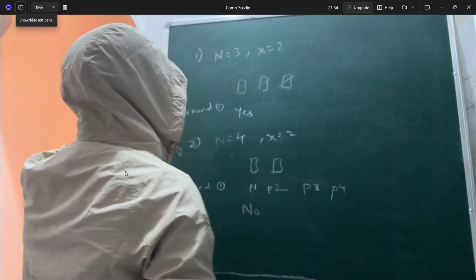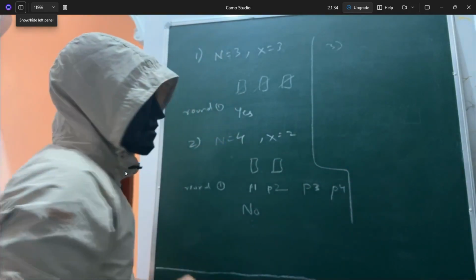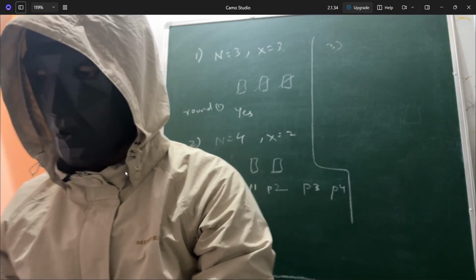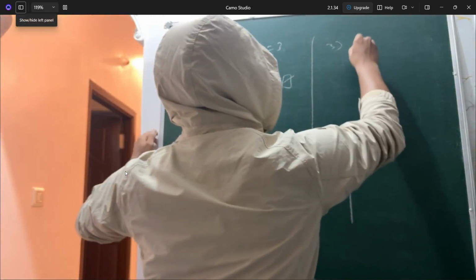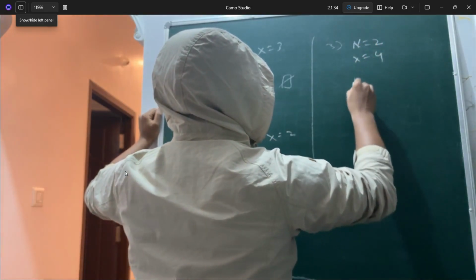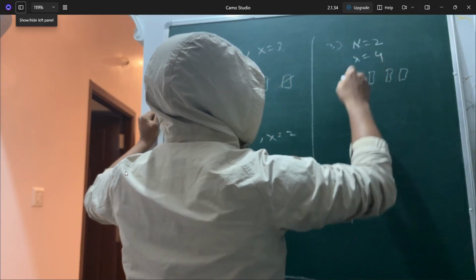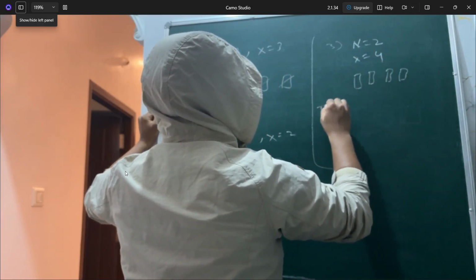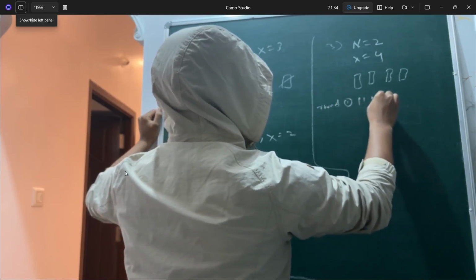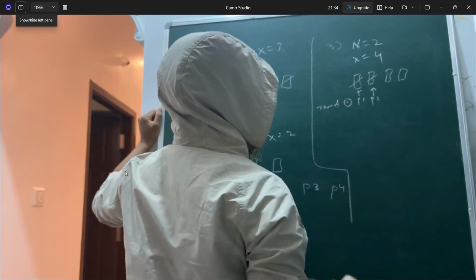So if you see, let's take the third example. 2 4. So this is interesting. Now you will understand again clearly. N is 2, X is 4. So what they're saying is we have 4 tiles. Got it. So there are 2 people in round 1. People 1 will take this tile, people 2 will take this tile.